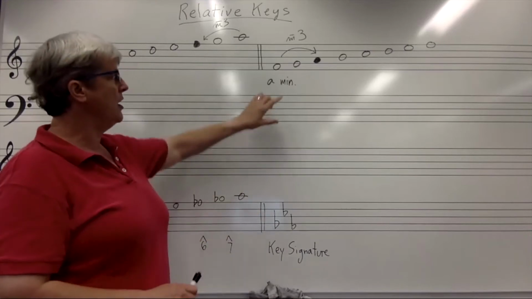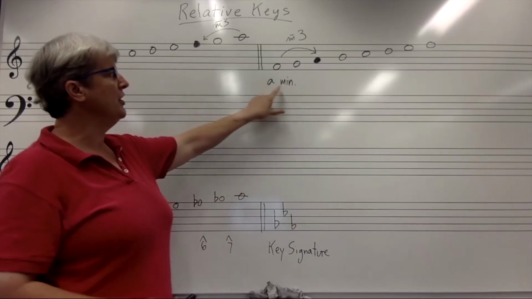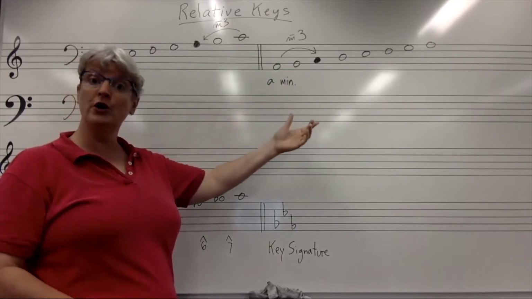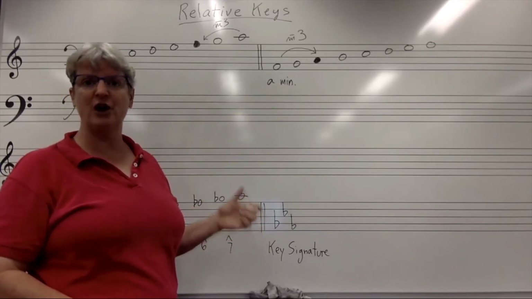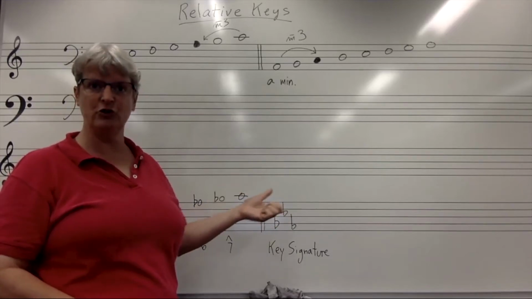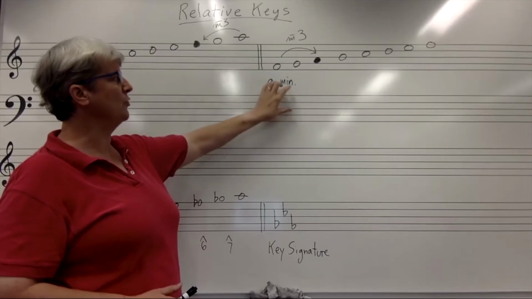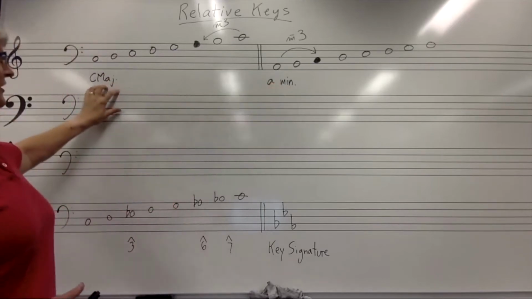Many of you probably have learned to identify minor key signatures, or to tell how many sharps or flats are in a key signature for a minor key, simply by thinking of the relationship between the relative minor and the relative major.